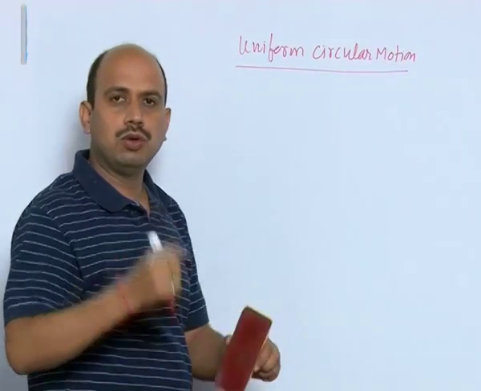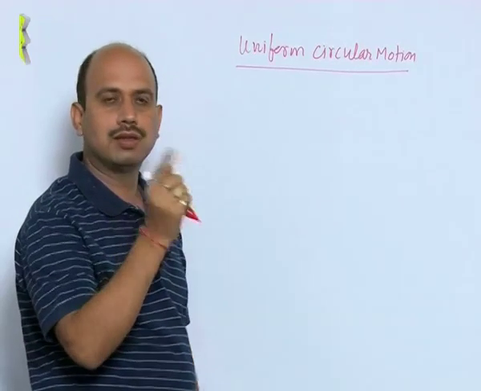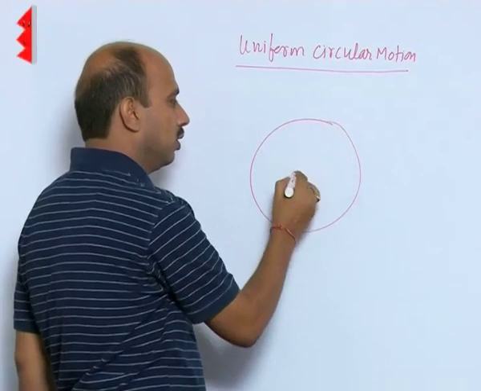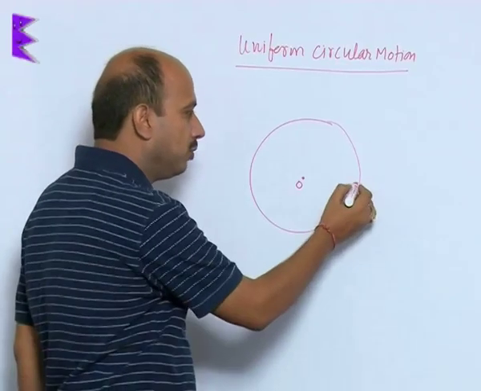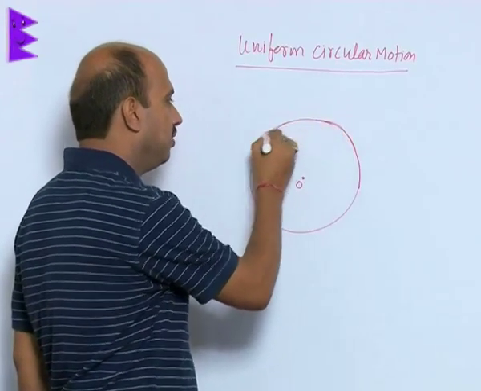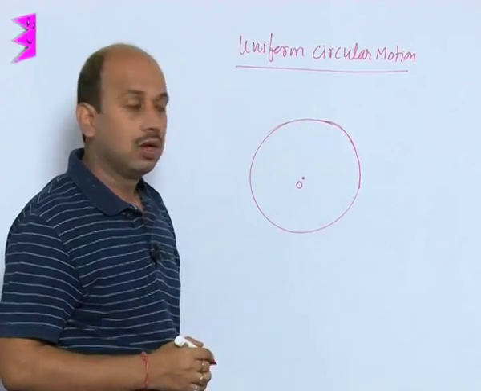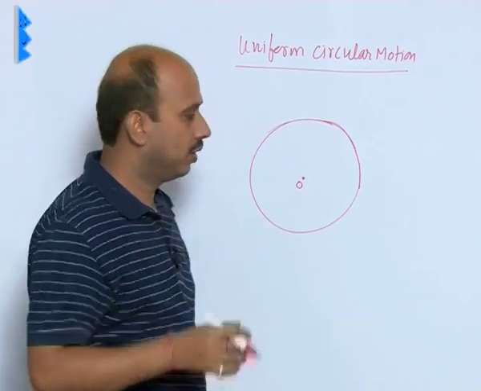You take a stone, tie it with a thread and keep revolving it like this. So, this stone will travel along this path. This is the center, and when the body moves in a circular path, we say the body has circular motion. Now, in uniform circular motion, certain things are very important.